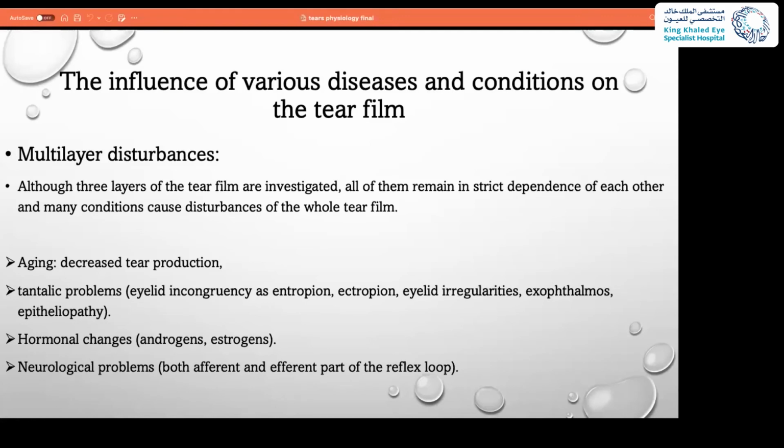Eyelid issues include eyelid incongruency such as entropion and ectropion, eyelid irregularity, exophthalmos, and epitheliopathy. Hormonal changes, androgens and estrogens, can affect multiple layers of the tear film. Neurologic problems can involve both the afferent and efferent parts of the reflex loop.